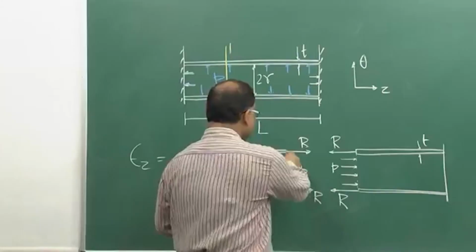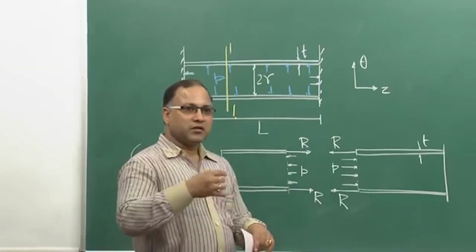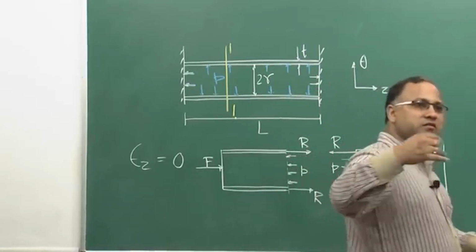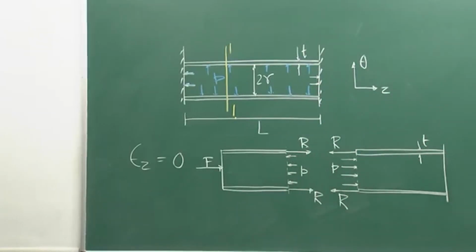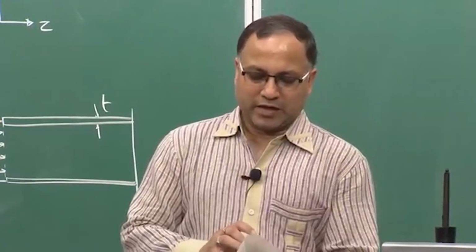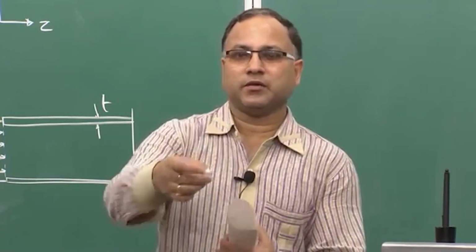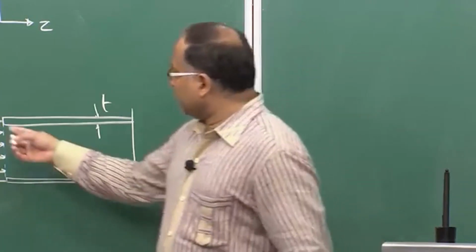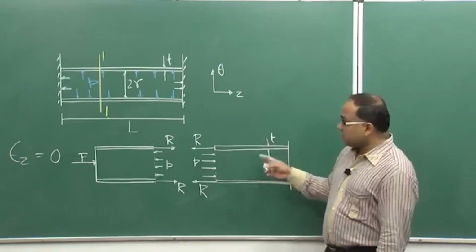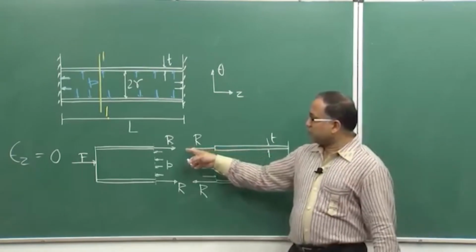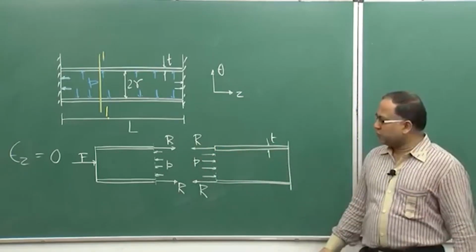Otherwise, this R will be something like your tangential force. If you have the hoop like that, I mean a tank like that, it will be tangential to the tank. And similarly, if you consider the right hand side of the tank, this R should be equal and opposite, as you know from your discussion.